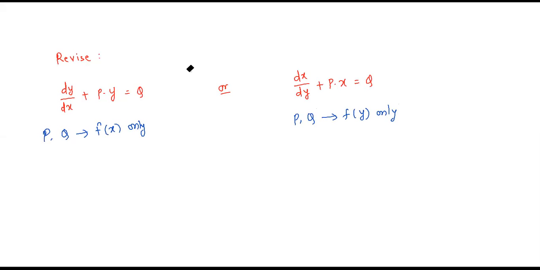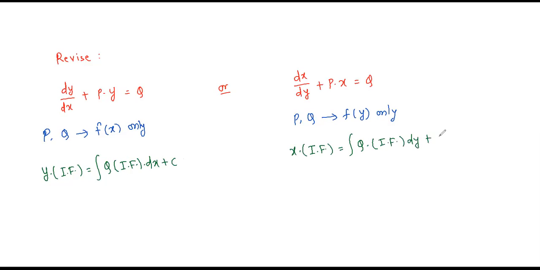The solution in the first case is y times the integrating factor equals integration of Q times the integrating factor dx plus c. While in the second case, the solution is x times the integrating factor equals integration of Q times the integrating factor dy plus c.